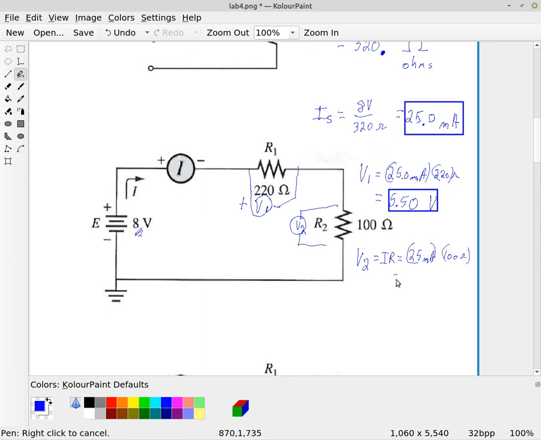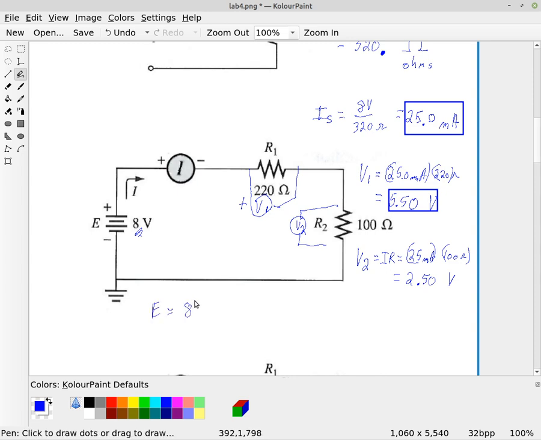So the voltage across R2, 100 times 25 milliamps, gives us 2.50. Remember, we need that extra 0. So 2.50 volts.